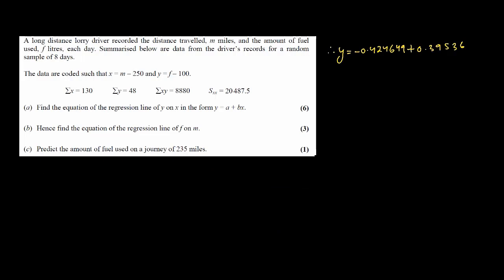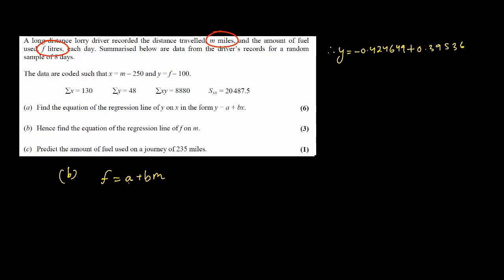Hence, find the equation of the regression line of f on m. So remember, the original equation was in terms of f liters and m miles. That means this was in terms of x and y, but in reality the question was supposed to be like this: f, the dependent variable, equals a plus b m.